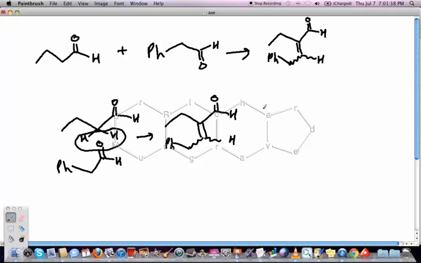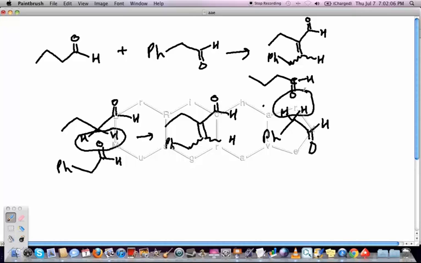So what I would do is use the alpha hydrogens from the second compound and react that with the carbonyl group. And join them together, and the compound we'd end up with would be this one.